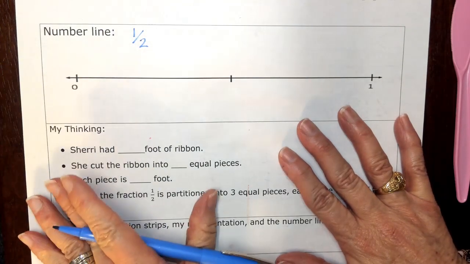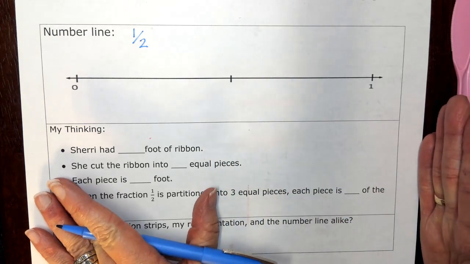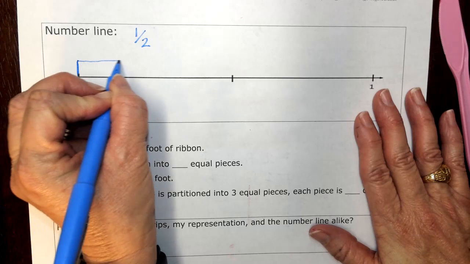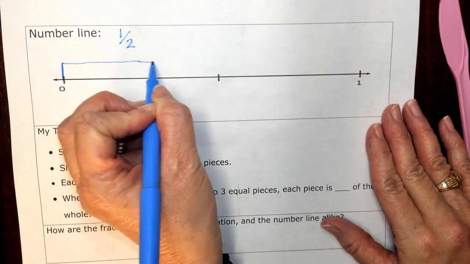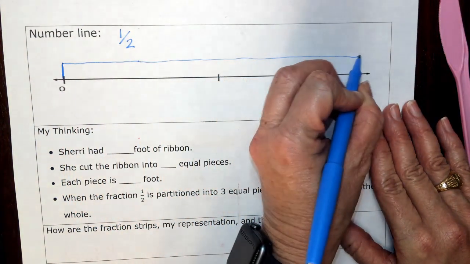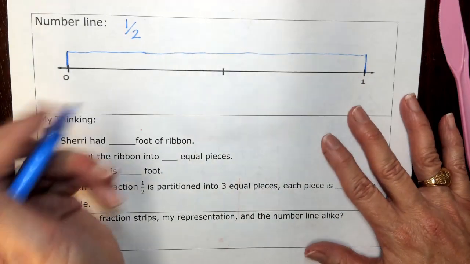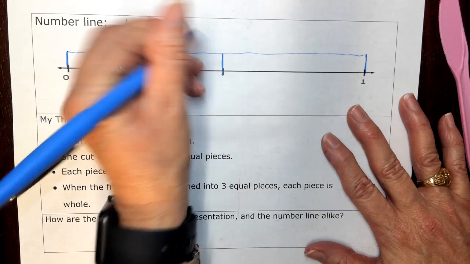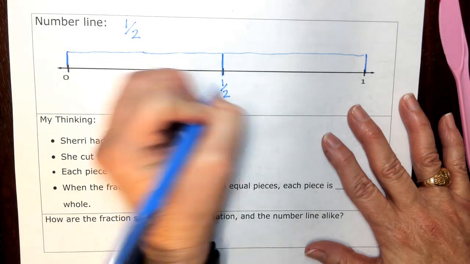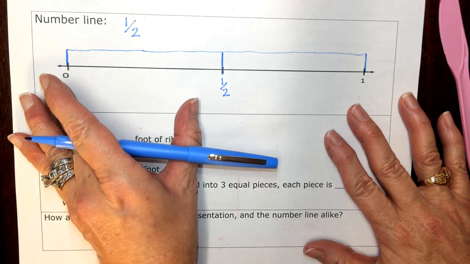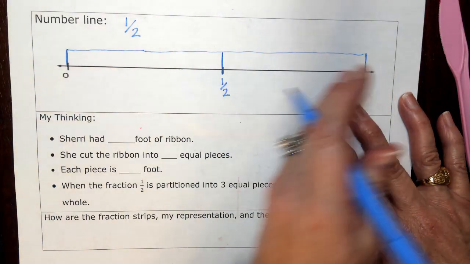And in order to be able to model the half correctly, we have to first start with our whole amount. So I'm going to go all the way to the number 1 and candy bar it like we did yesterday. And then I'm going to divide it into that 1/2 piece, because we know that the middle of 0 and 1 is 1/2.